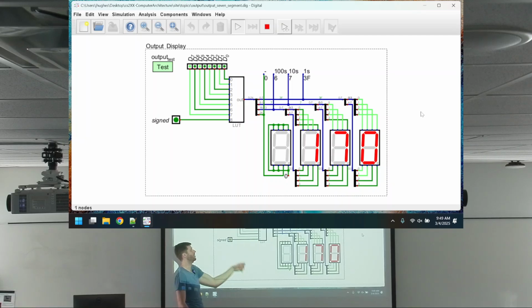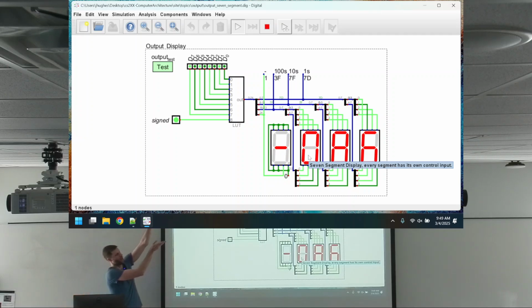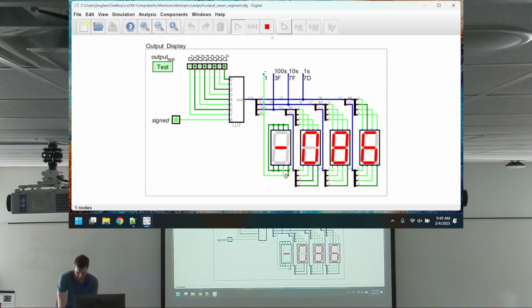Really, the input pattern is 010101010, right? And if I change that to this, now it becomes -86. Why? Well, because now it's looking at this chunk of the lookup table that corresponds to the signed integers. Cool? Cool. All right, there's the review.